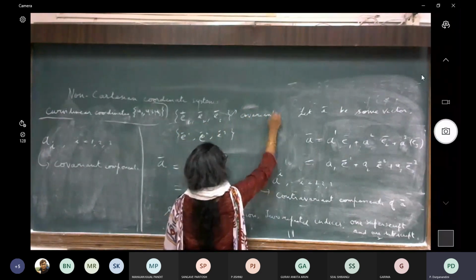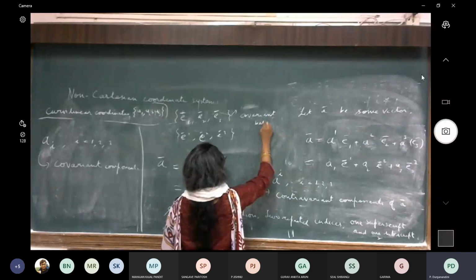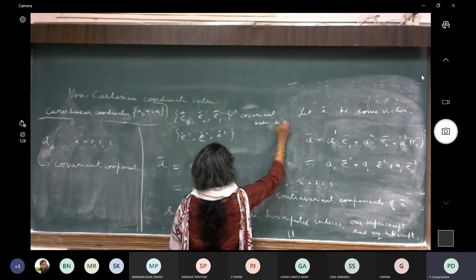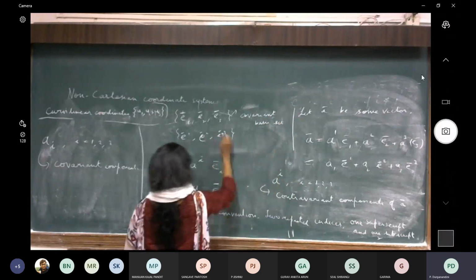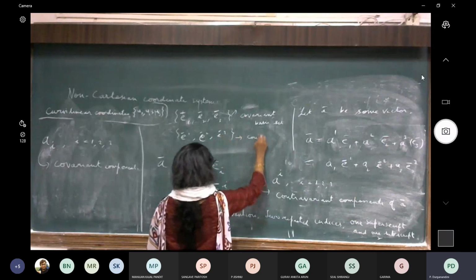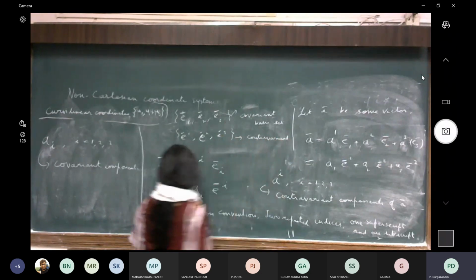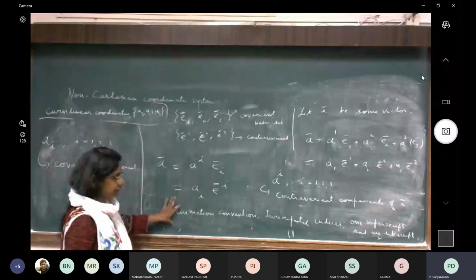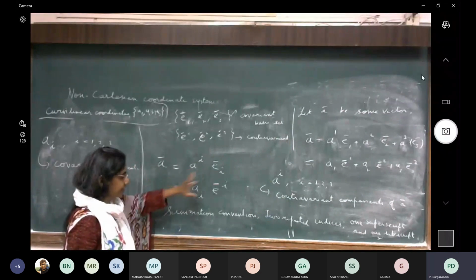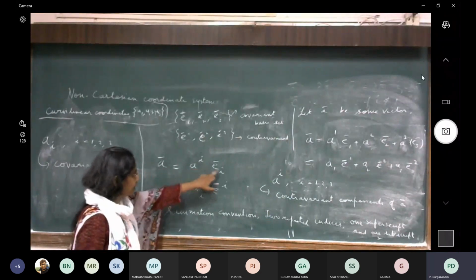So basically, if the index is lower or a subscript, I will call it covariant, and if the index is upper, I will call it contravariant. That's by definition. And the main thing to notice is that your summation convention now requires that if I have two repeated indices, one should always be upper and one lower.